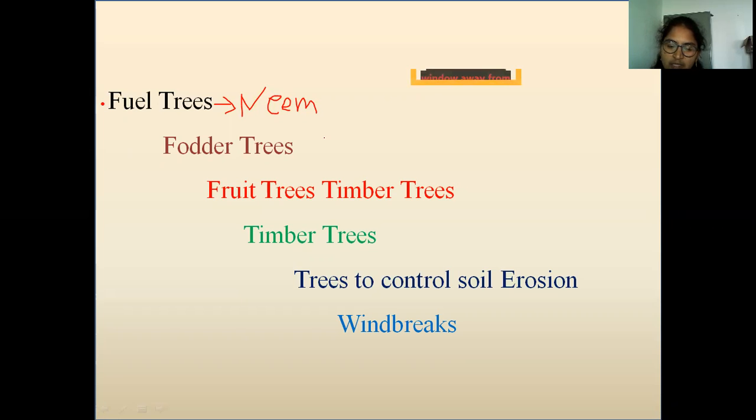And one more thing is plants that help soil reclamation, that are jamun, willow, and also arjun. And wind breakers are silver oak, ashok, tamarind, neem. These are the different types of trees grown in the social forestry scheme, along with examples.